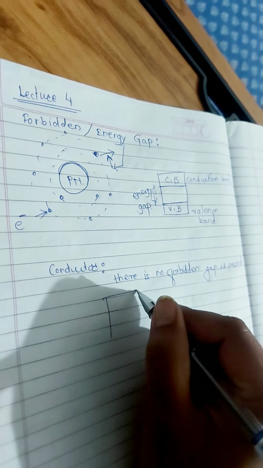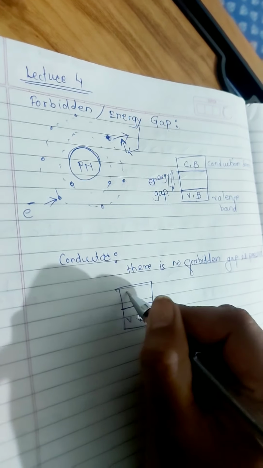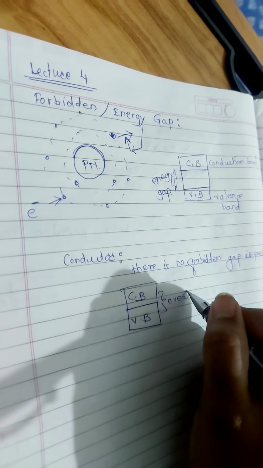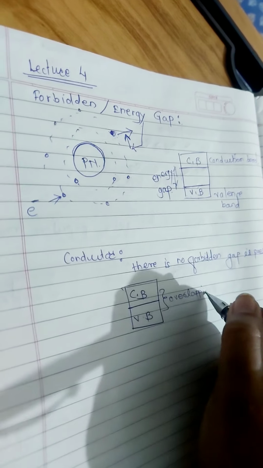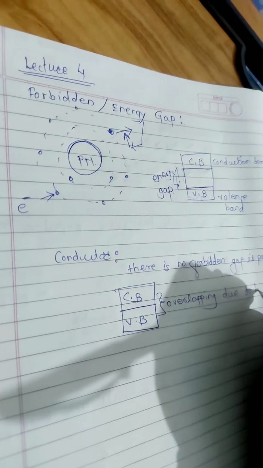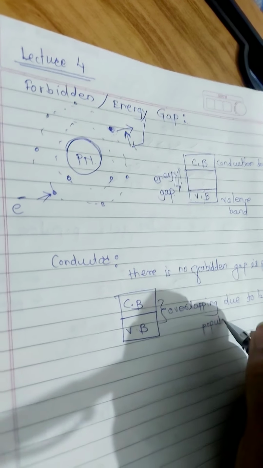because the valence band and the conduction band are overlapping due to high population.